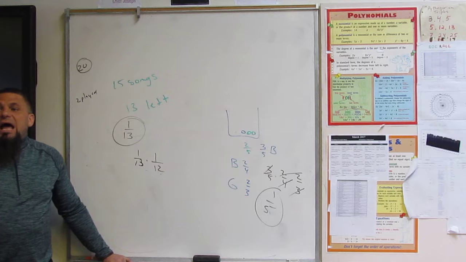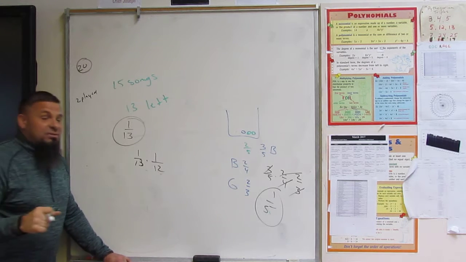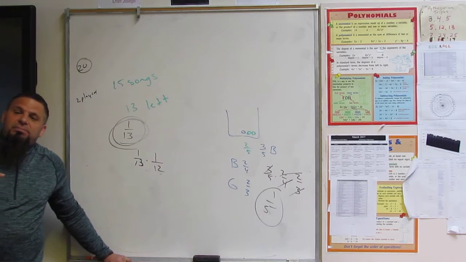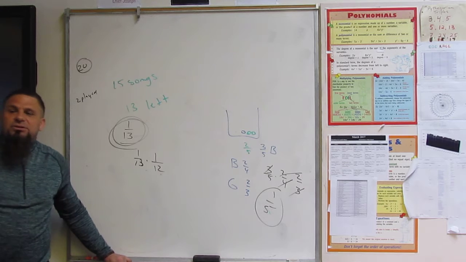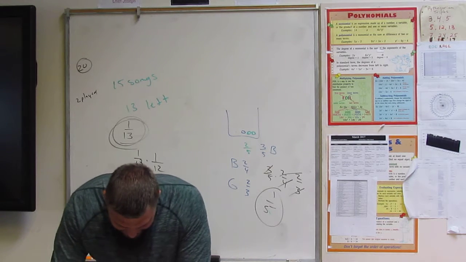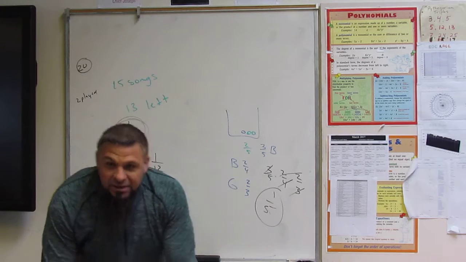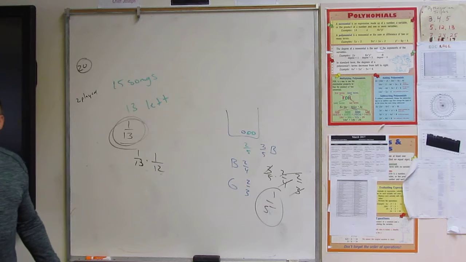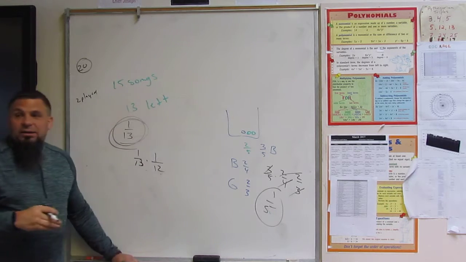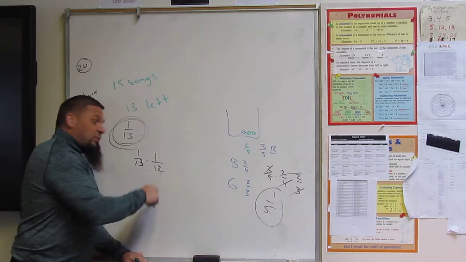So out of those 13, you still have your favorite song. What's the probability of playing your favorite song? 1 out of 13. But what's the probability of playing your favorite song and then your least favorite song second? That means you have to play this first and this second. If you played this first, that means one song's missing, so you're left with 1/12.